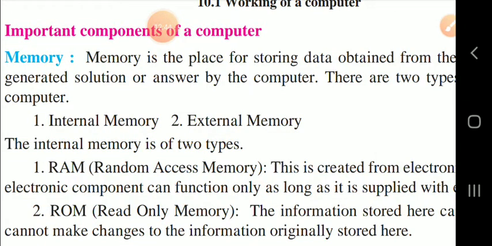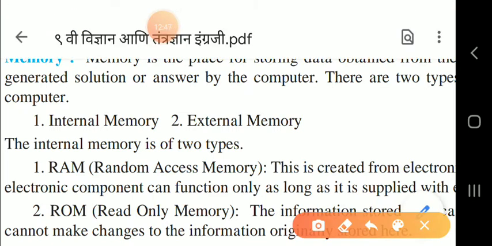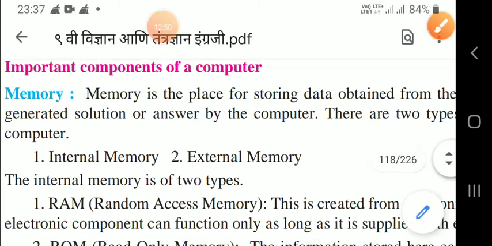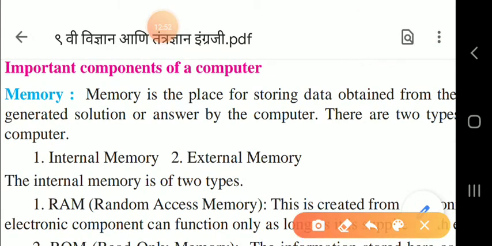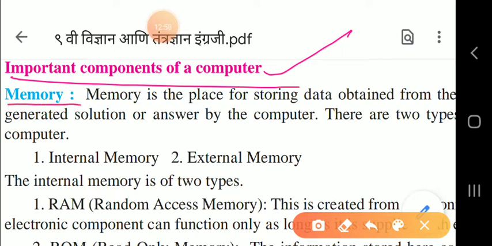Here are the important components of a computer that we'll study now, children. First is the memory. Memory is the place for storing data obtained from the input and also the solution or answer generated by the computer.